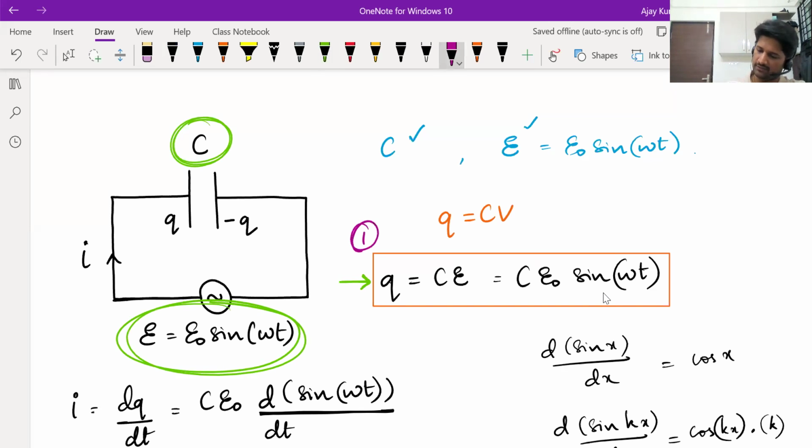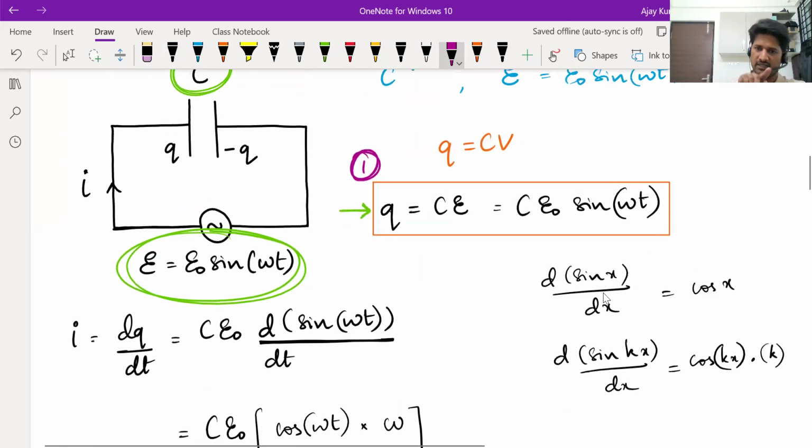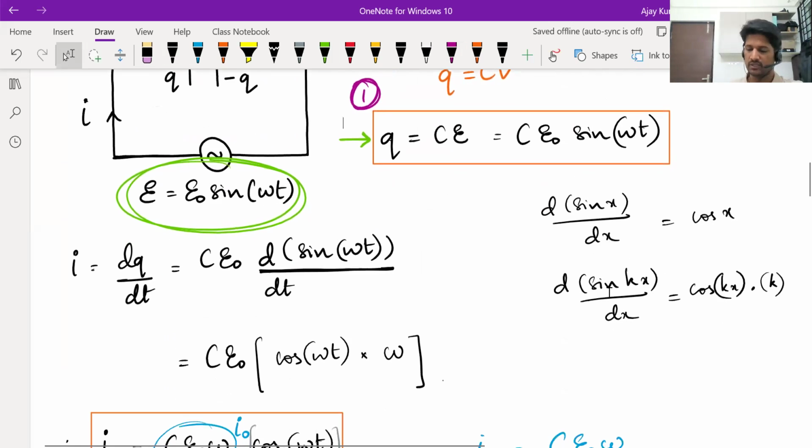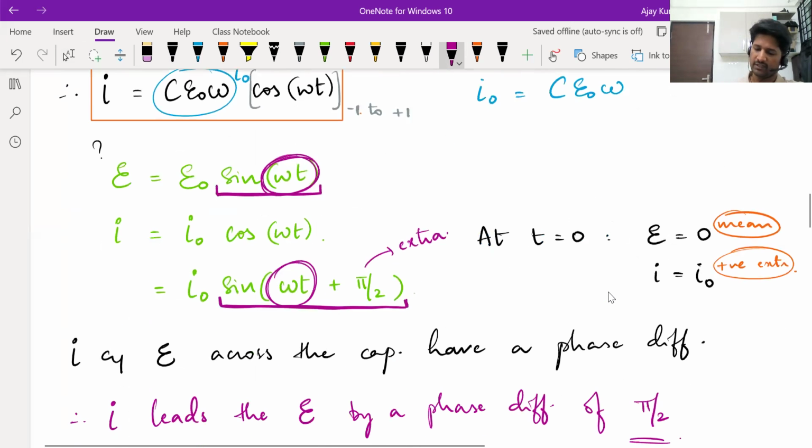That's the first thing we derived. You should be able to do that on your own. Next, from charge, since the wire is directly connected to the plate of the capacitor, we know current will be the rate of change of that charge. So I is equal to dq by dt gave us the current equation. That's the second thing we derived. And by comparing the EMF and current equations, we found the phase difference between them. That is the third thing we derived.